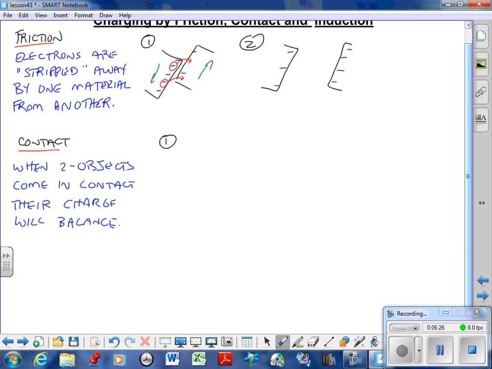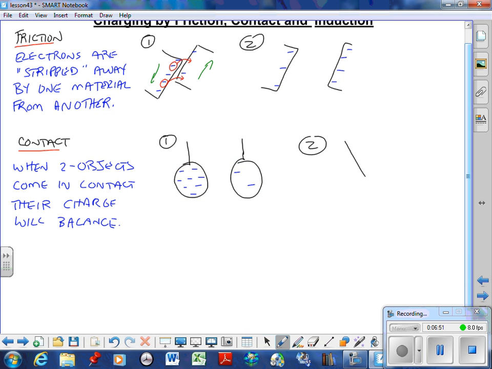So stage 1, I've got a pith ball here, and a pith ball here. Let's give this one 8 electrons, and we'll give this one 2. In stage 2, we're going to force them to touch.